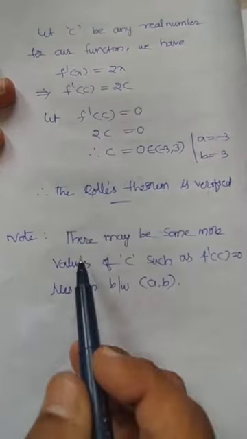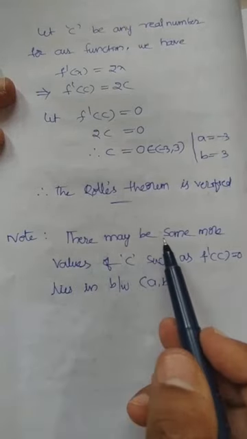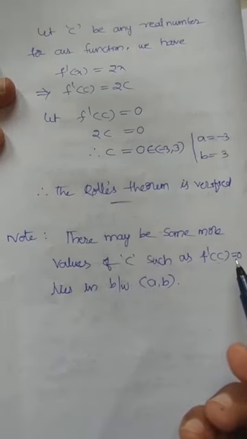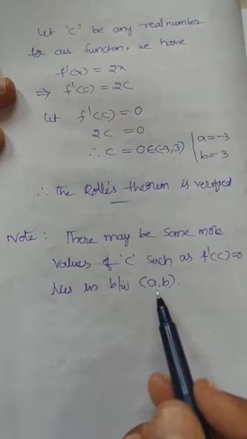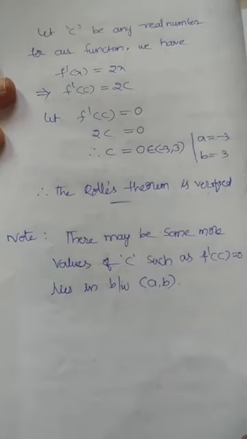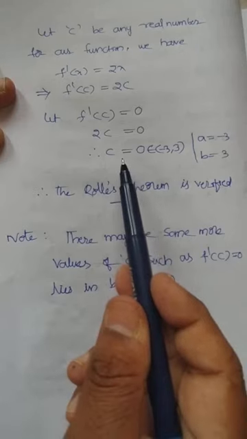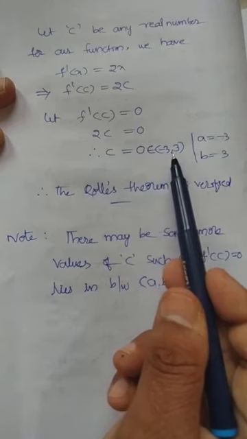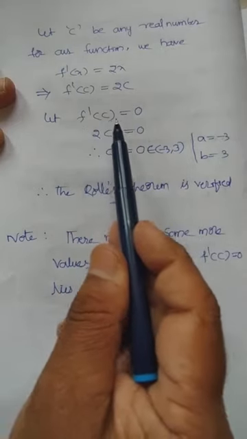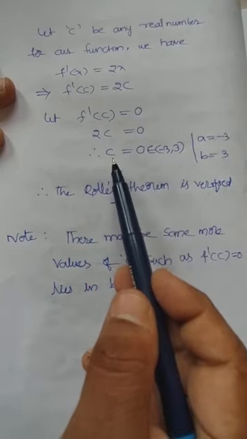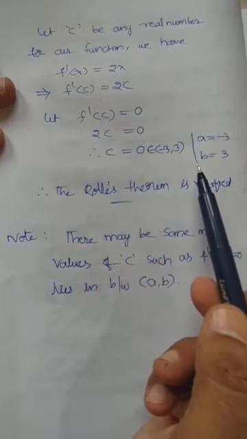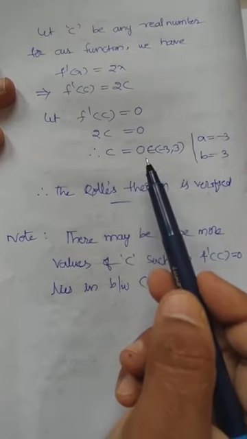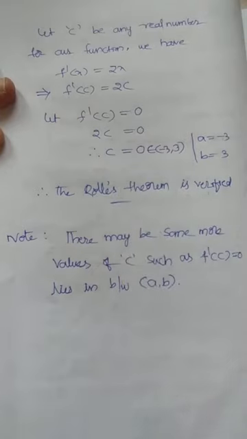So one note here, there may be some more values of c such that f dash of c is equal to 0 lying in between a comma b, means this type of c which lies in the open interval a comma b, where f dash of c is equal to 0, that type of c values there may be some more. For Rolle's theorem, we have to pick at least one c. Okay, that is our note.